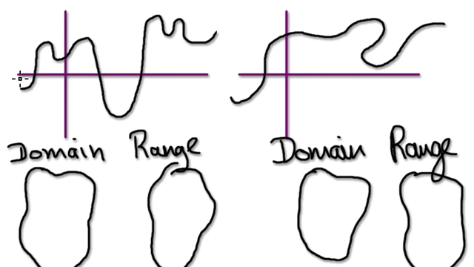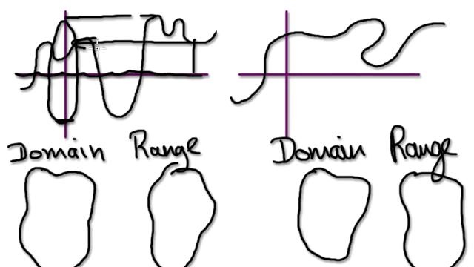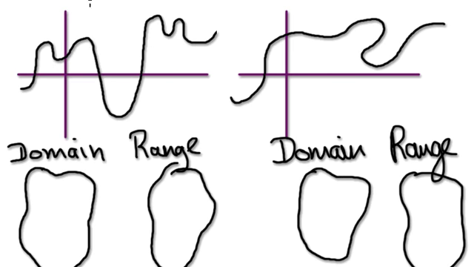The range is what comes out of the function. In this case, the range would be this, because no matter what you put into this function, it would take you to a value that is within the range. So it has to be within this range here.